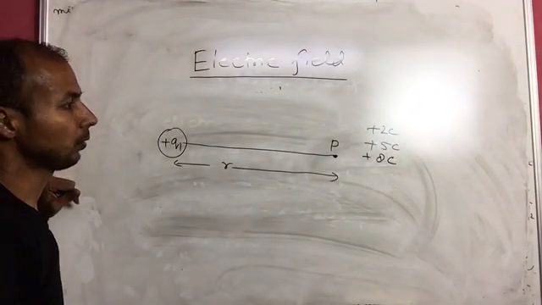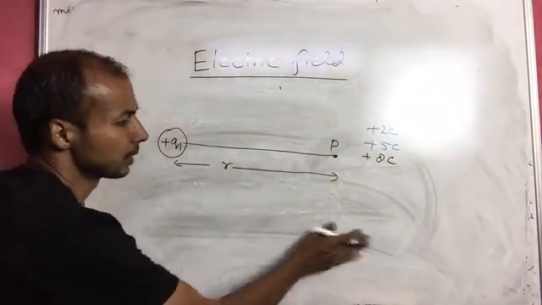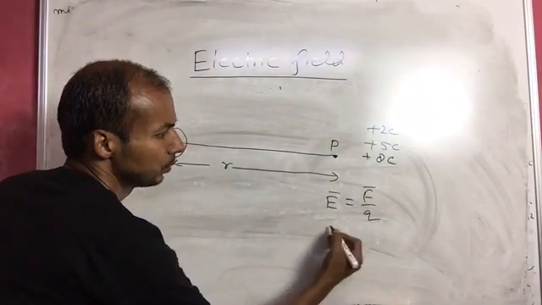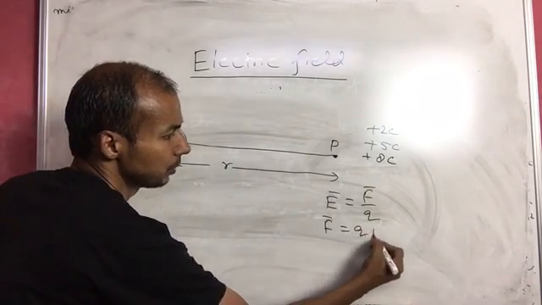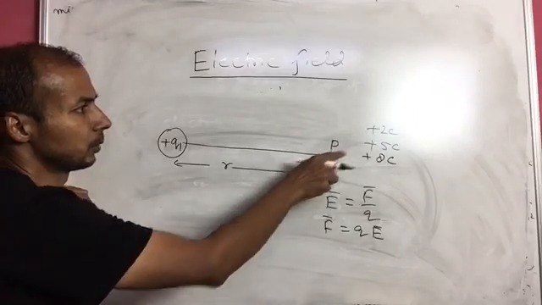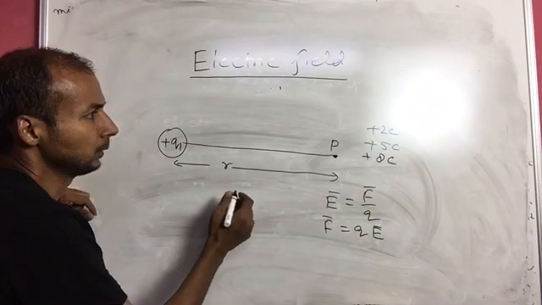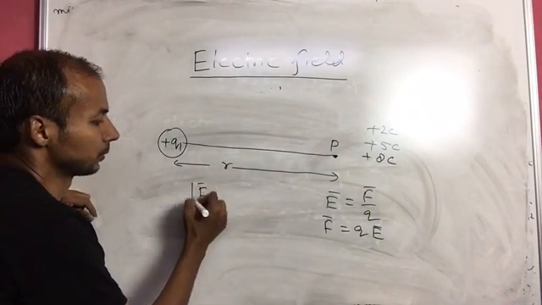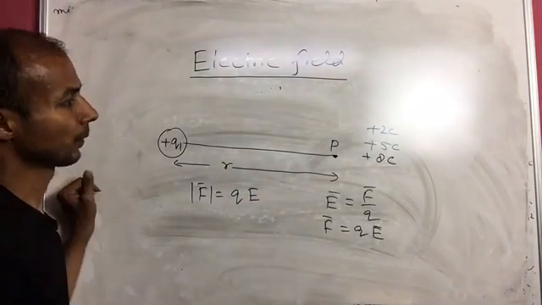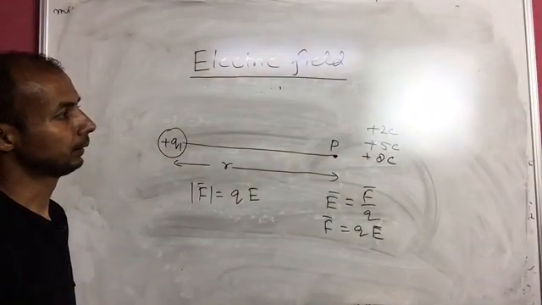So this calculation of how much force is acting on a given charge can be done by, since the definition is electric field is electric force by Q, so electric force is equal to Q times E. Correct? So that means if you want to calculate the force on 2 coulomb charge, the magnitude of the force is simply the charge multiplied by the value of electric field, right?